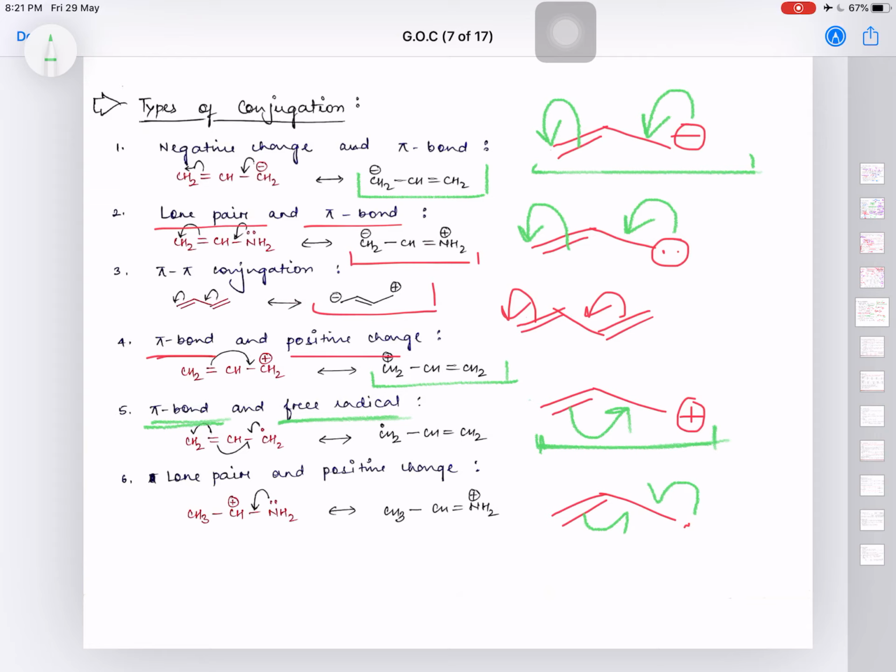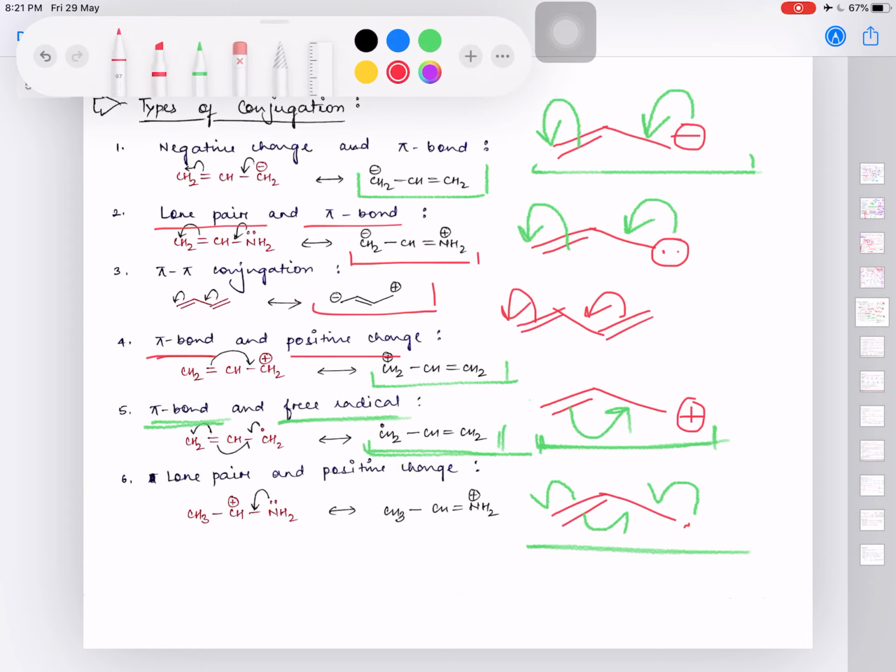The pi bond will give one electron to the single bond, and one electron will be transferred to the nearby atom. As a result of this, you will get this structure. So this is homolysis, and since it's a free radical, it is a single arrow mechanism. So this is also possible.